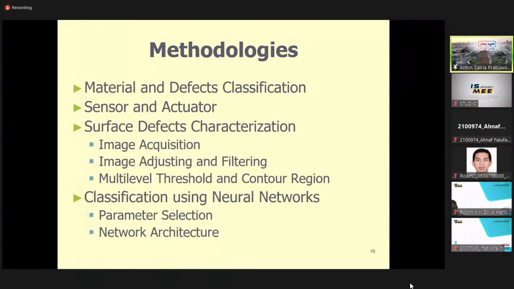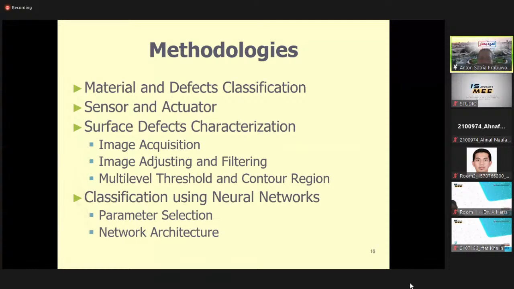And the methodologies we divide into material and defect classification, the sensor and actuator, as well as the surface defect characterization. Surface defect characterization involves the image processing steps.